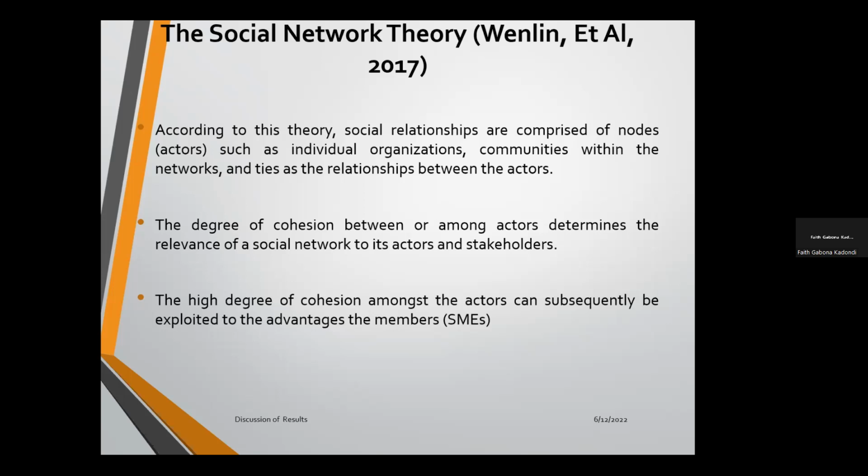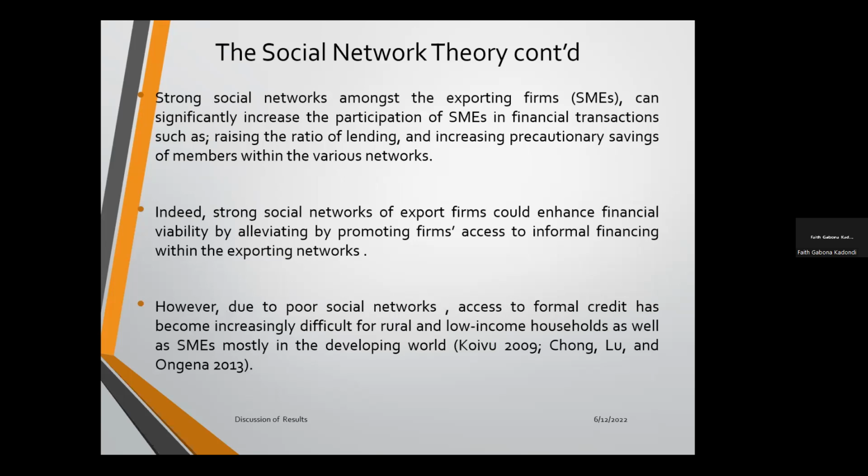The degree of cohesion or embeddedness among the different actors determines the relevance of any social network to its actors and stakeholders. The degree of cohesion amongst the actors can subsequently be exploited to the advantage of small and medium scale enterprises.